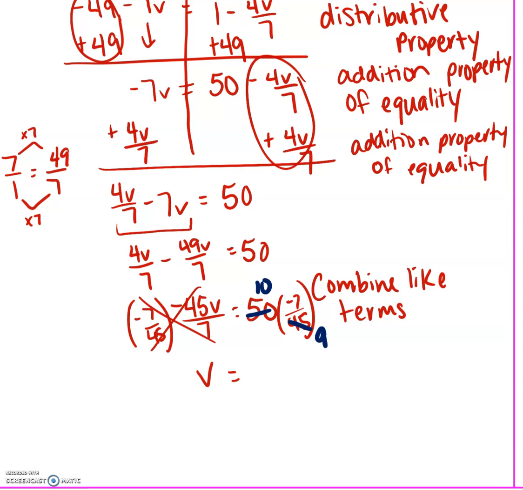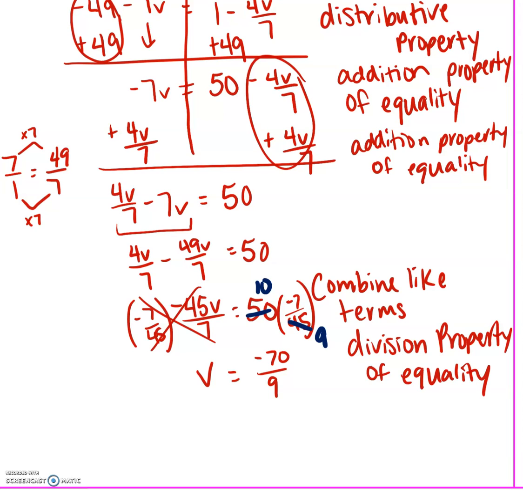So 10 times negative 7 would be negative 70 over 9. And I use the division property of equality. Because flipping a fraction and multiplying is really dividing by a fraction. And that would be my final answer.